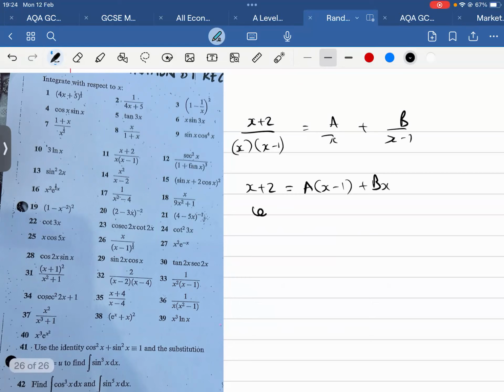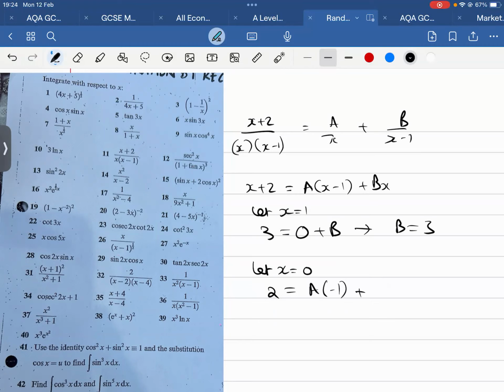Let x equal 1. So 3 equals 0 plus b, so b equals 3. Let x equals 0. So 2 equals a times minus 1 plus 0, so a equals minus 2.